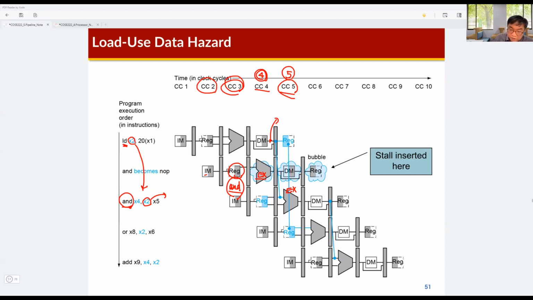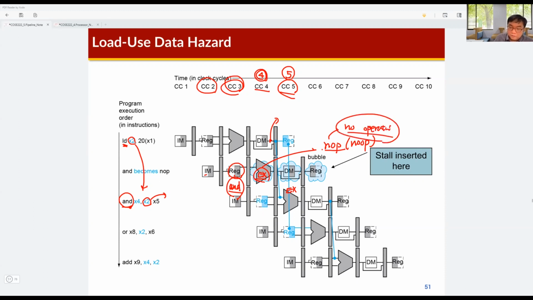The EX stage becomes an invalid instruction. This invalid instruction is called NOP, no operation.